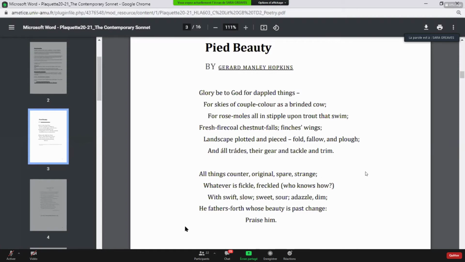That's what inscape, that term inscape, is. Just to give you a definition, it's the idea of the individual. What he's interested in is the individuality and uniqueness of each thing.